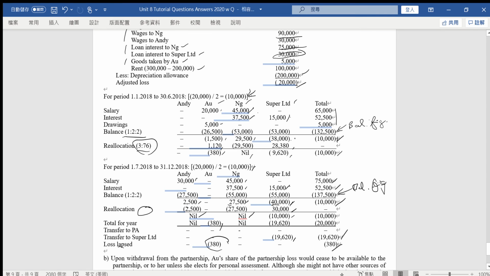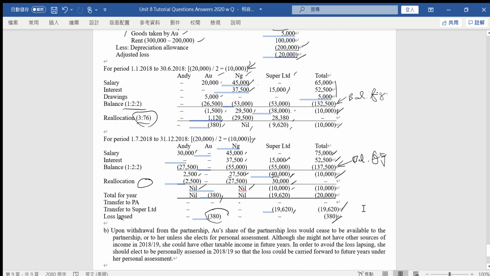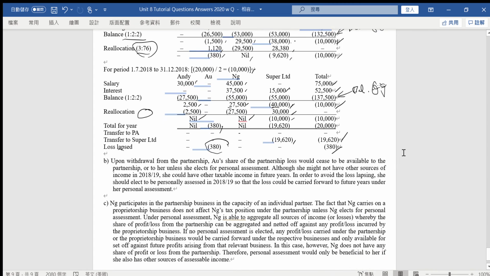Then for part B, it is asking you to discuss two items. One is Mr. Ao, about these figures, how to make use of the tax benefit.